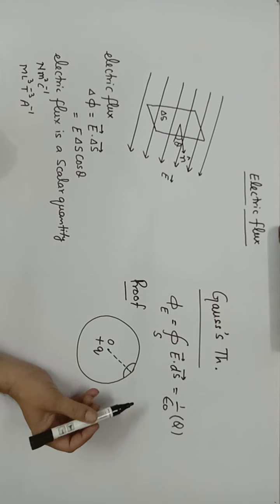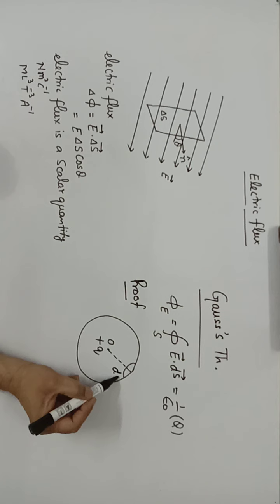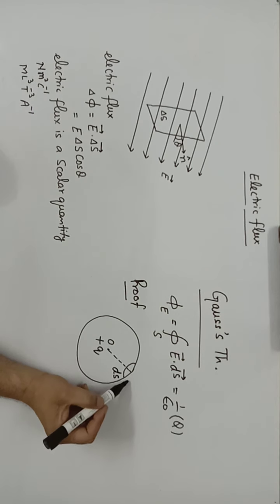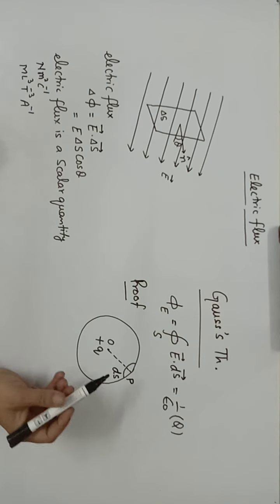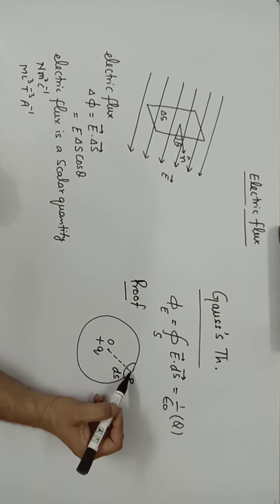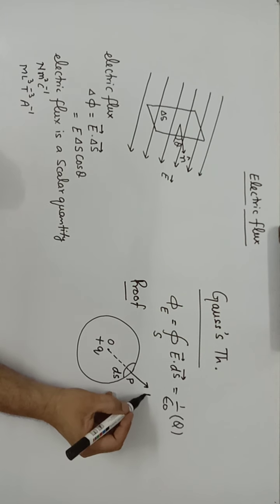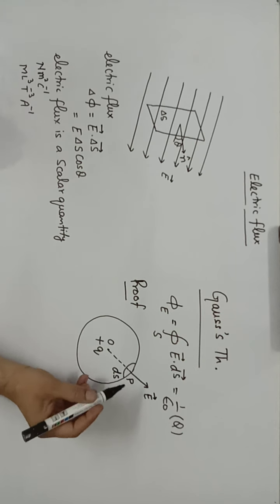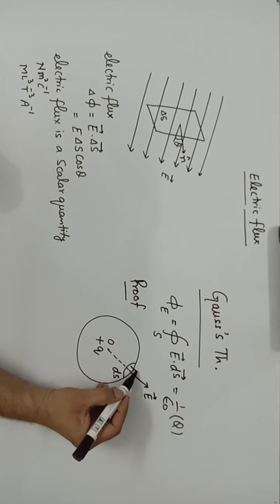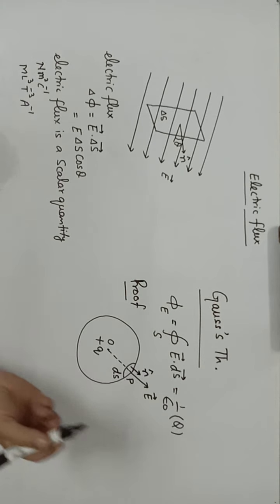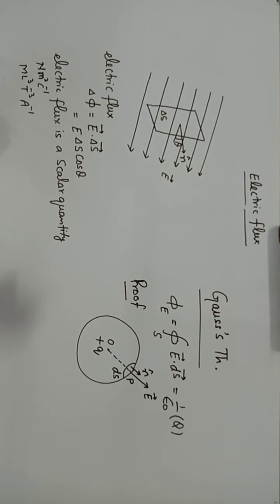A small area element ds, this is the point P. Positive charge is there, so the field line is away from the charge. This is the normal to the surface. A line perpendicular to the surface is called normal.